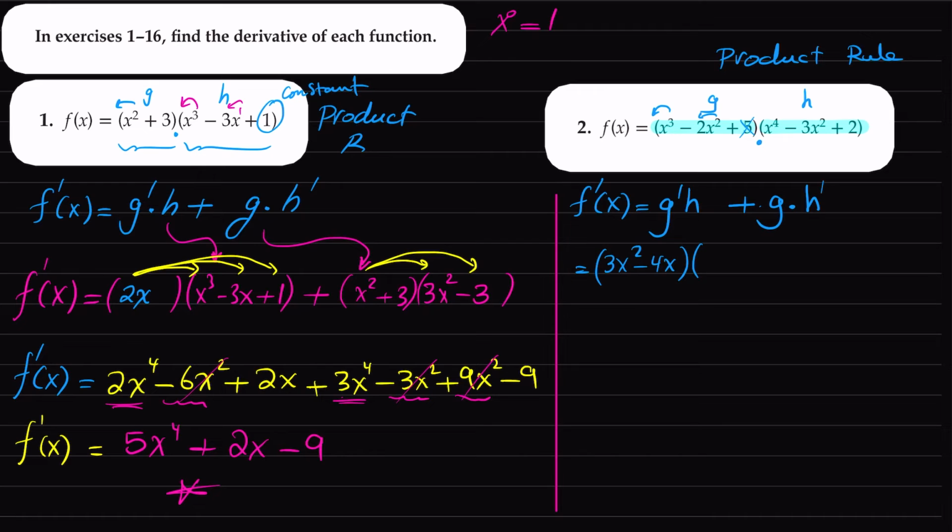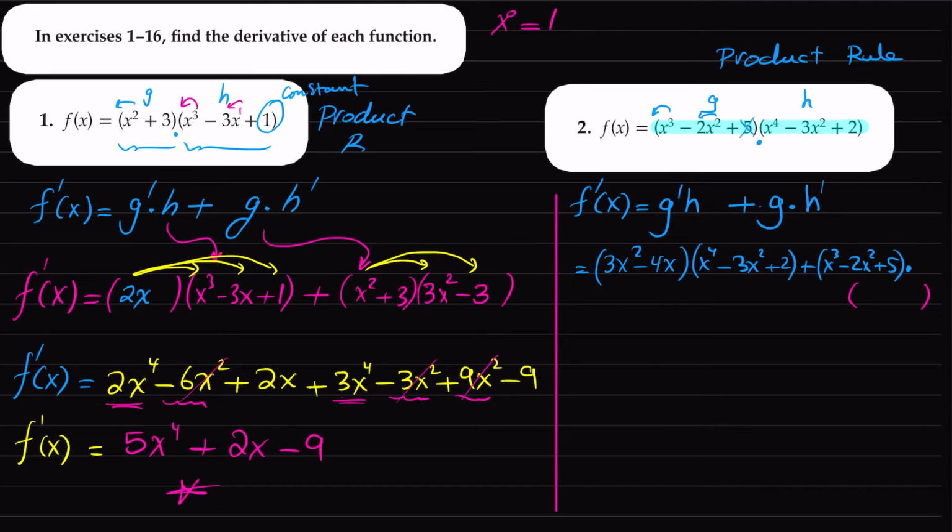We will keep h as it is, x to the power 4 minus 3x squared plus 2, plus g is kept as it is, x cubed minus 2x squared plus 5 multiplied by h prime.